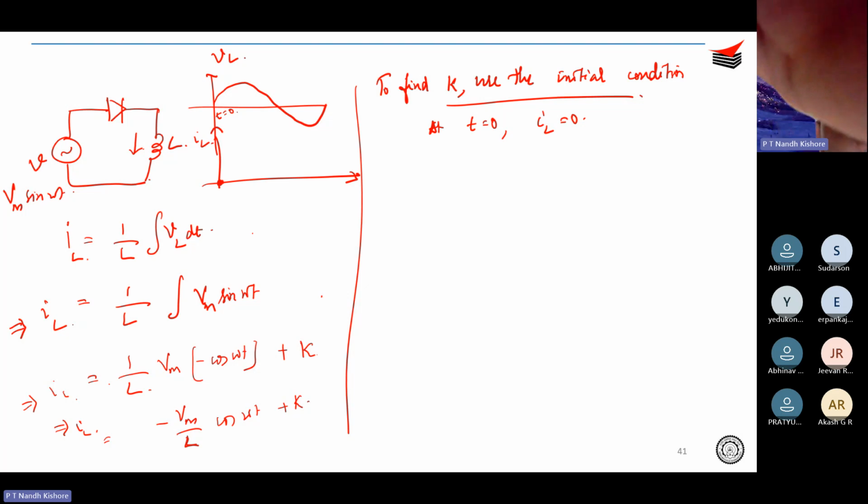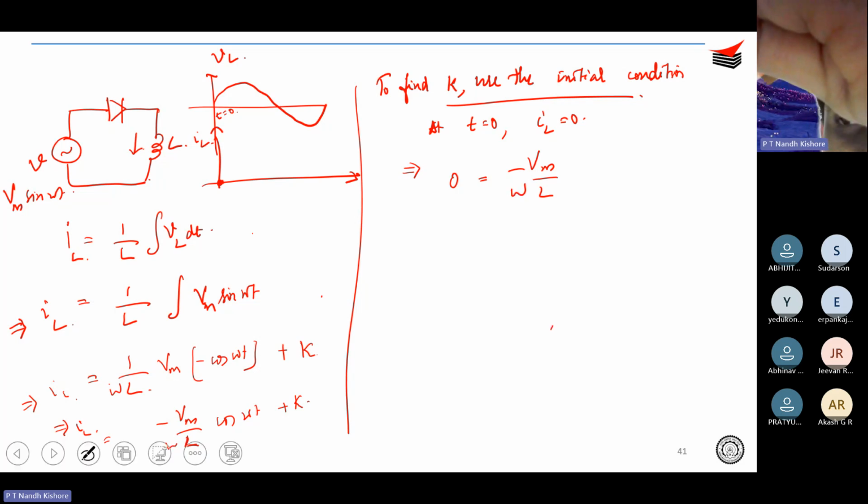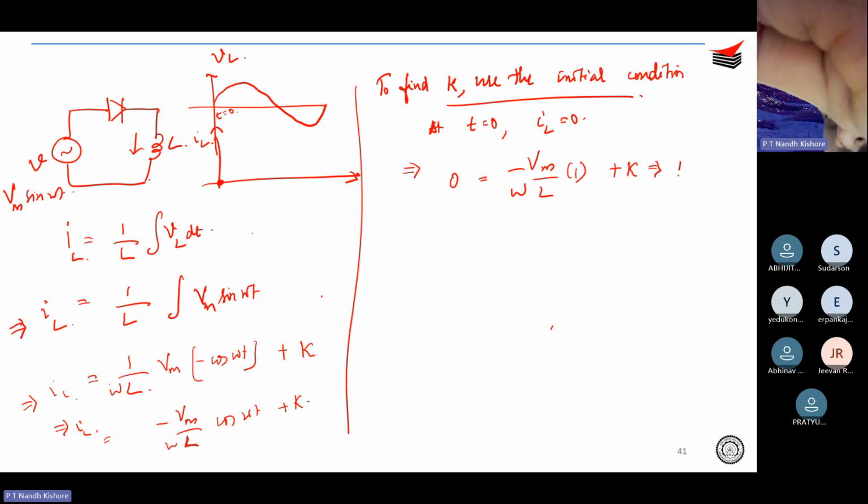So substitute this over here in the above equation. Therefore, 0 is equal to, cos 0 is going to be 1. So minus Vm by, sorry, if you integrate it, omega will also come here, right? So minus Vm by omega L into 1 plus K, which means that K is going to be Vm by omega L. Got it?